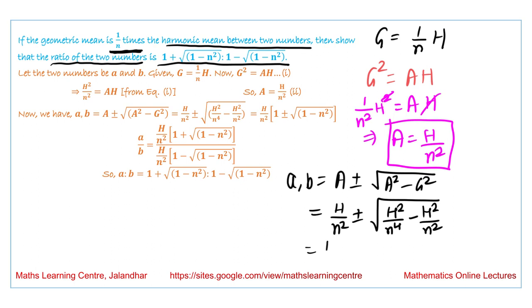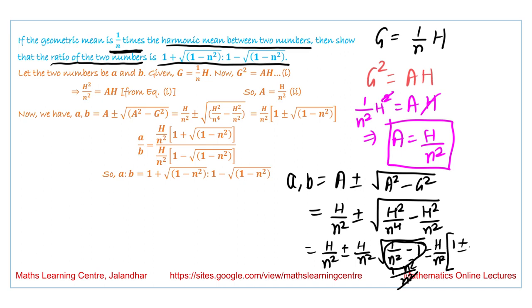So this is equal to h by n square plus minus h by n square root of 1 by n square minus 1, and this is equal to h by n square common. Why? Because when we take the LCM over here, this thing will become 1 minus n square by n square, and this term will become n square. And what we are left inside is that 1 plus minus square root of 1 minus n square.